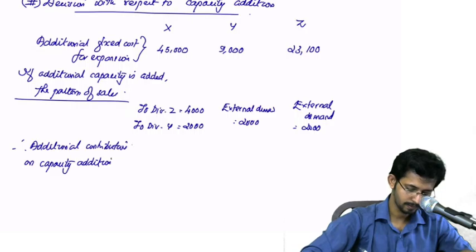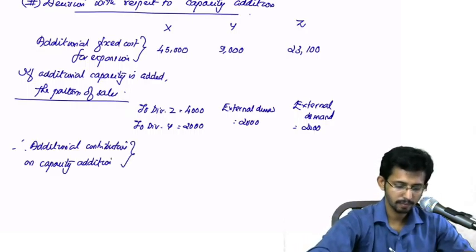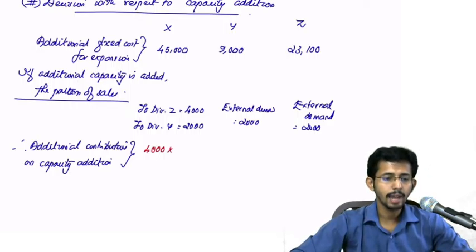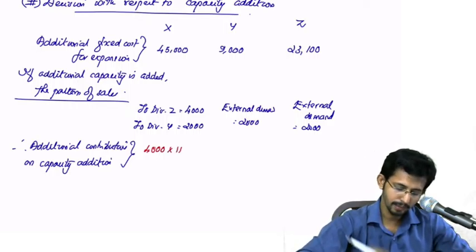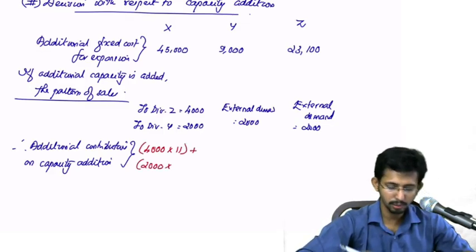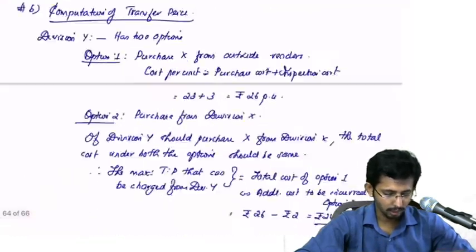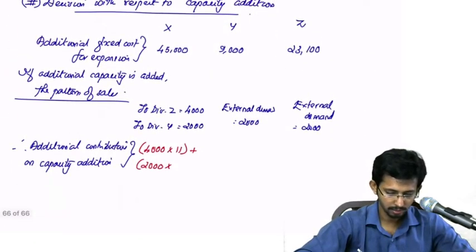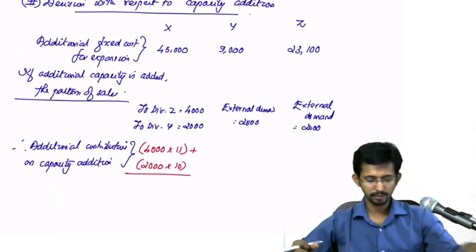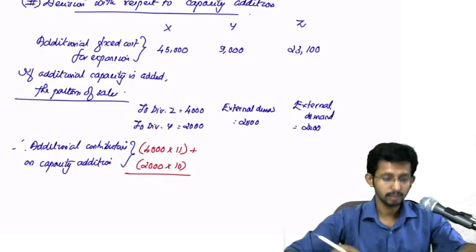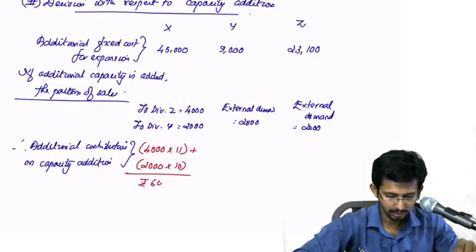addition. Okay, how do you find out that? 4,000 units are sold to Z. Okay, and what is the contribution you are getting? 11 rupees per unit. And next, 2,000 units you are selling to Y, and what contribution per unit are you getting? 10. So 4,000 into 11 plus 20,000, that will be 64,000 rupees.